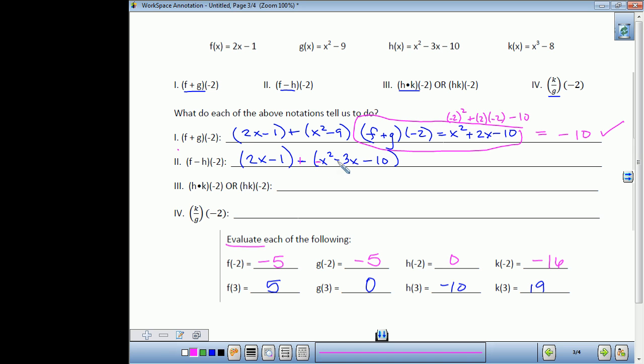We change all of the signs in the polynomial that follows the subtraction. Okay? So, this gives me negative x squared plus 5x minus 9.